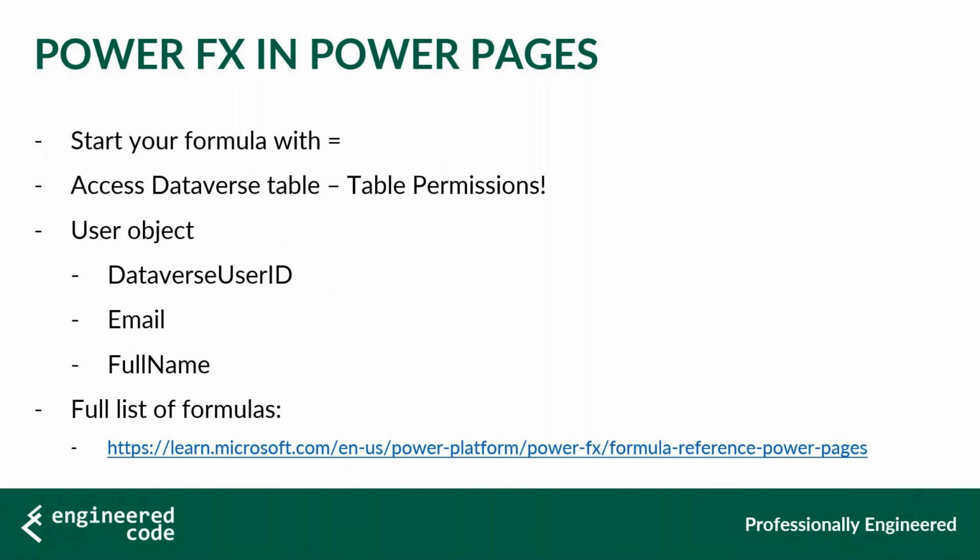In this case, the user object is a contact. So the details you get about that person are the ID of their contact, their email, and their full name. So you can access the user object, and then access details about the contact.